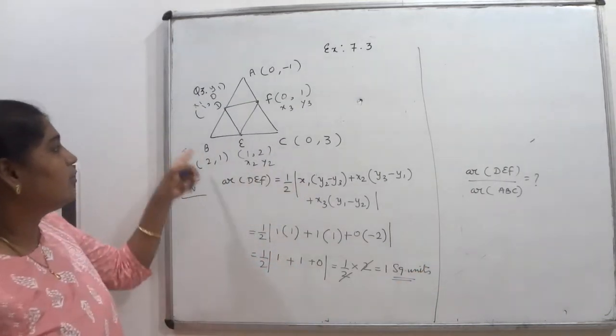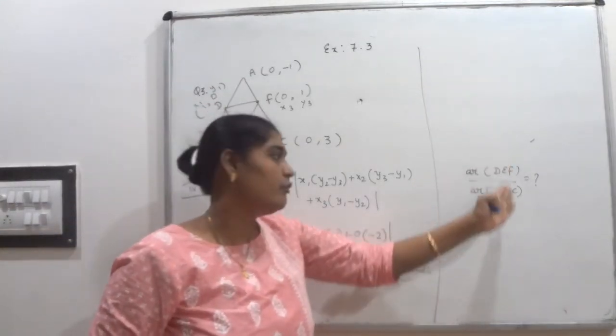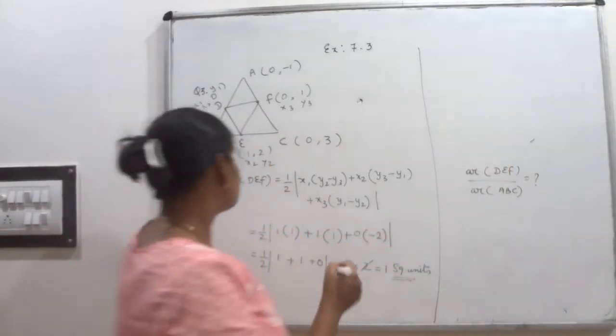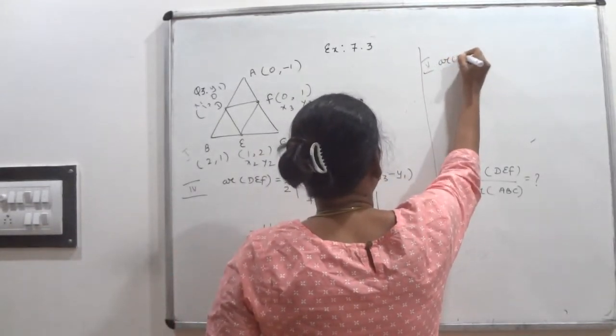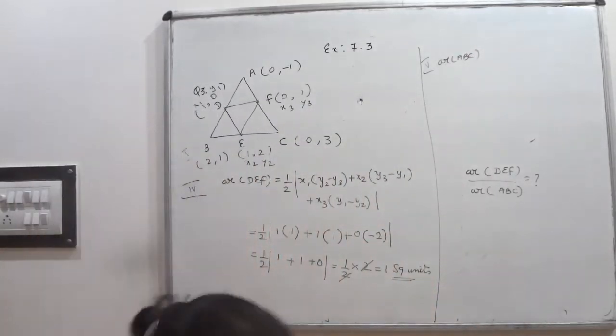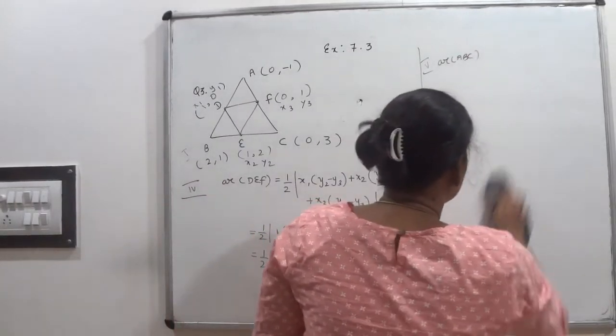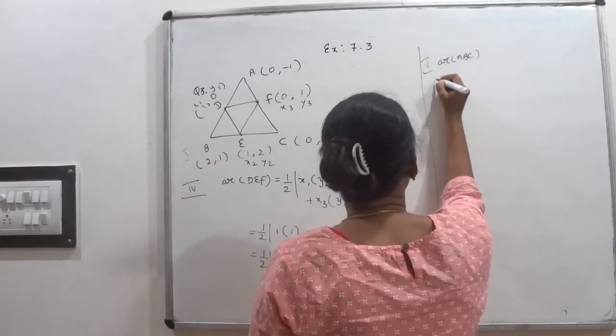Then go and find the area of ABC, because I need the ratio area of DEF upon area of ABC. So I am going to find in the fifth part the area of ABC. For that you have to write the A, B and C coordinates and put x1, y1, x2, y2, x3, y3.